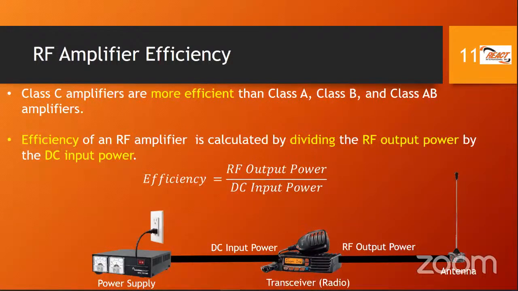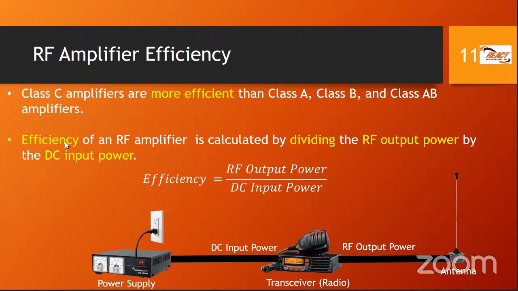Yes, indeed. So how do we discuss efficiency when it comes to amateur radio? Well, one of the ways is to look at RF amplifier efficiency. Notice we had said earlier that Class C amplifiers are more efficient than Class A, Class B, Class AB, and so on. So how do we determine what efficiency is, or how is it calculated?